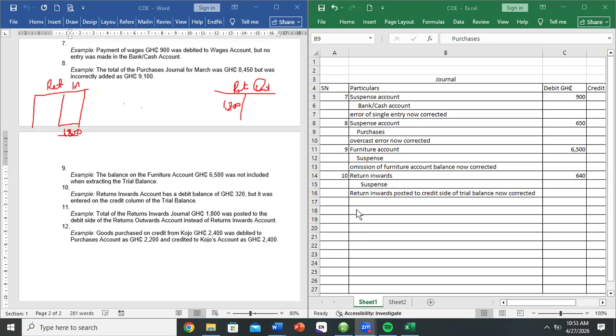Okay, let's look at number 12. Please, any question? Oh, let me put in the journal entry. So the journal entry will be, we will debit return inwards, and then we'll credit return outwards.